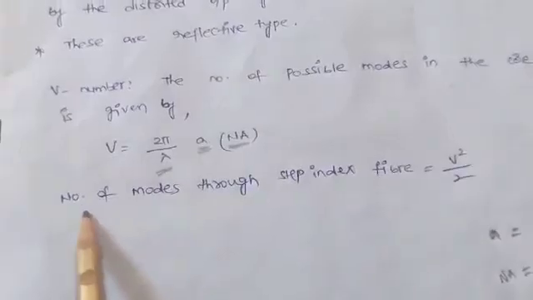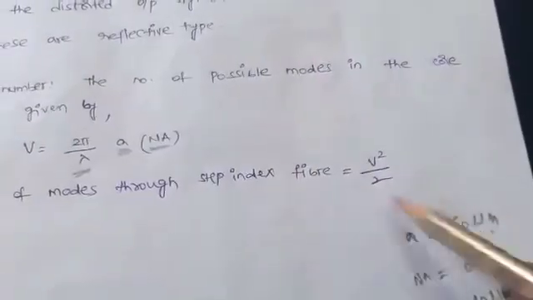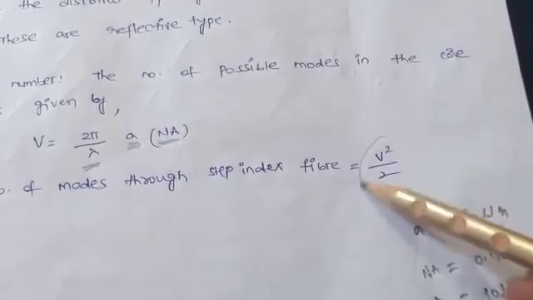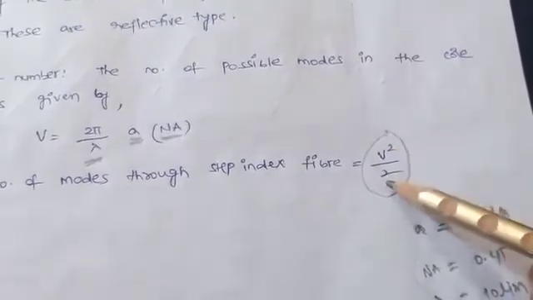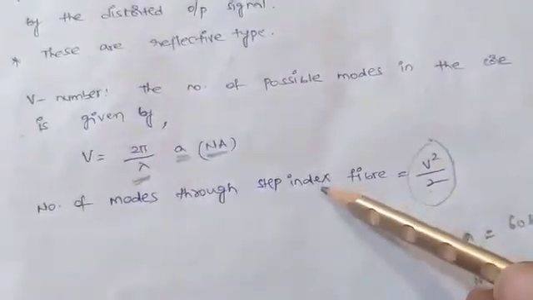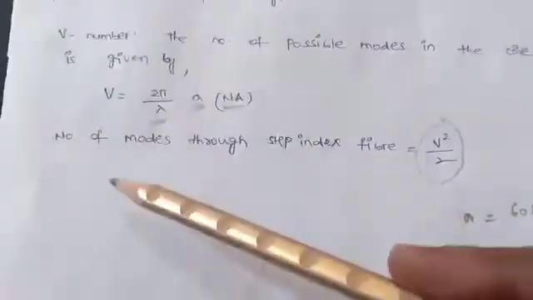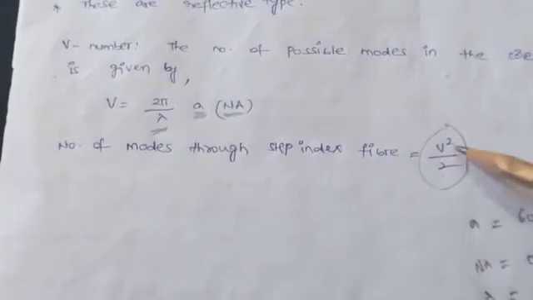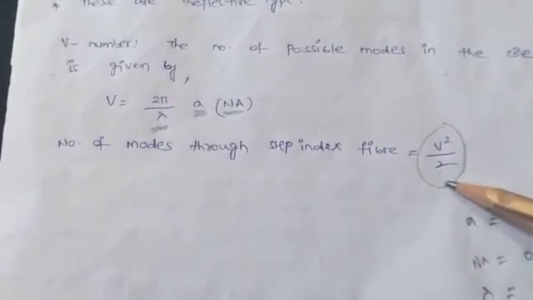So we can send more information than single mode. That is the importance of V number. For single mode optical fiber, the V number is 2.405, and for step index the number of modes is calculated by V square by 2. So once we know the V number, we can calculate the number of modes for step index using the V square by 2 formula.